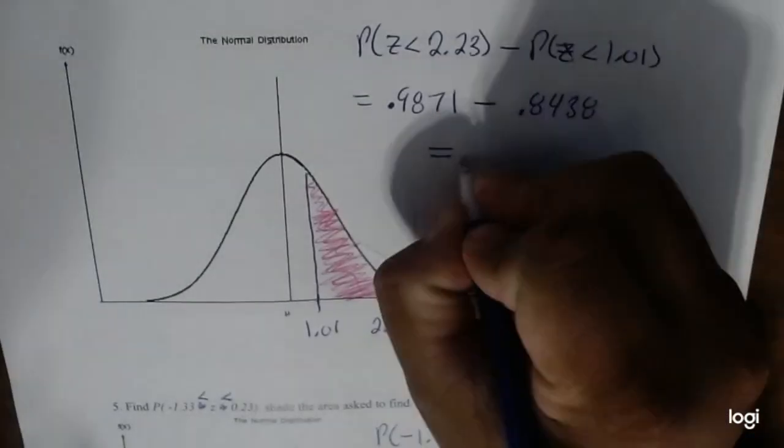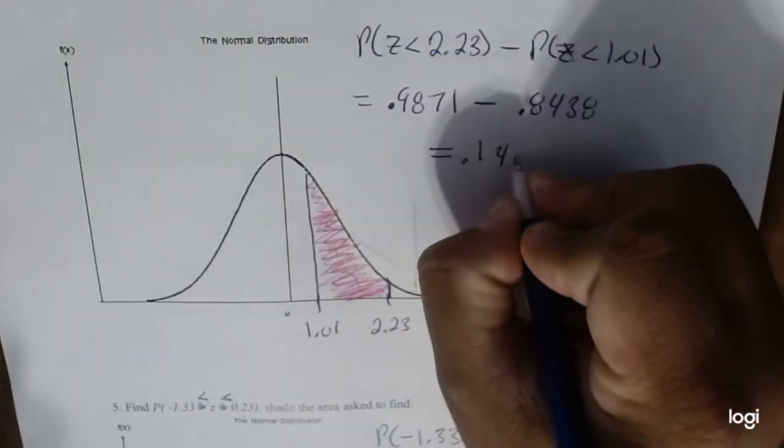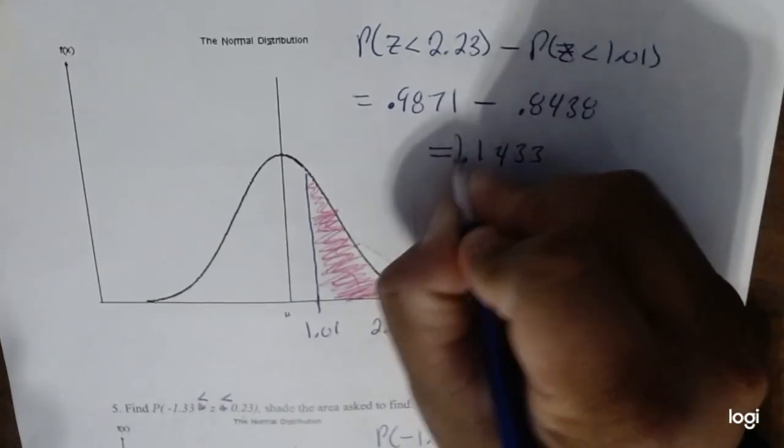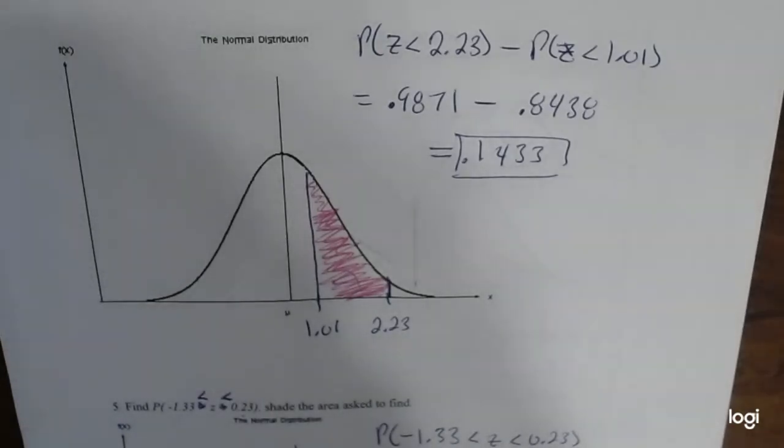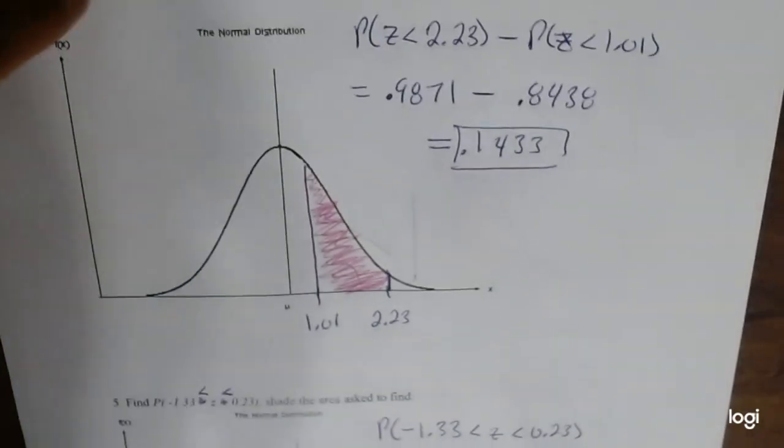Okay, and then finally, we subtract them to find the area between the two z-scores. So grand total of 0.1433 as your area. Now, when it comes to interpreting things like this, I'll give you guys this one.